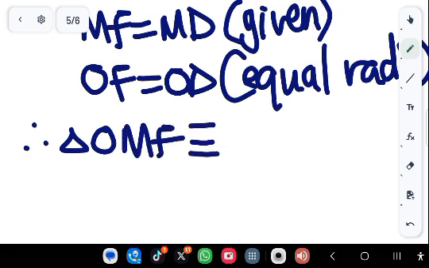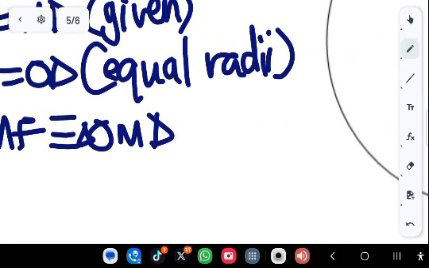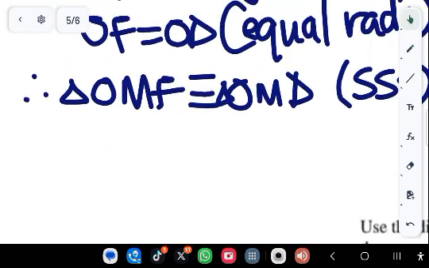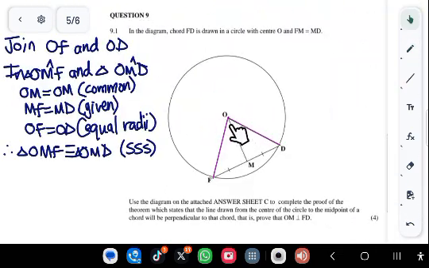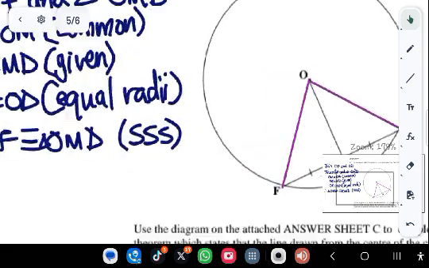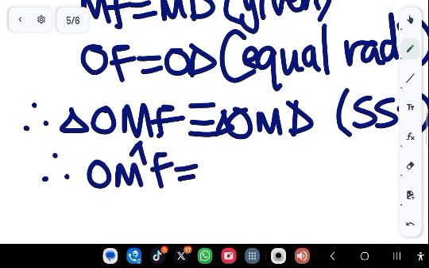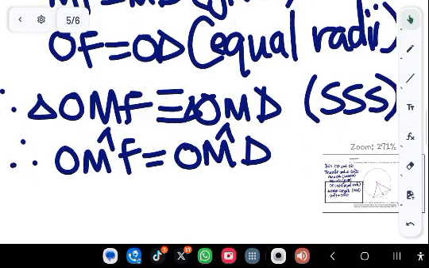Now that we have these two, the reason is side, side, side. Now that these two are congruent, it follows that angle OMF equals angle OMD. All right.